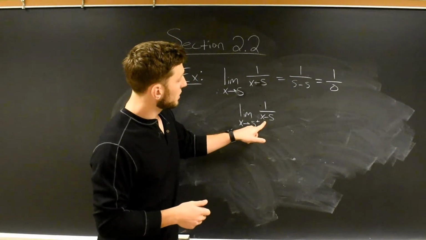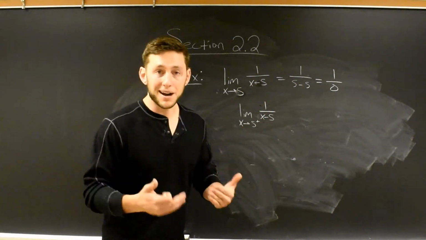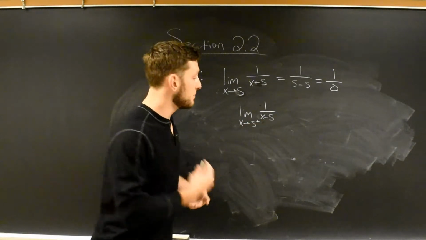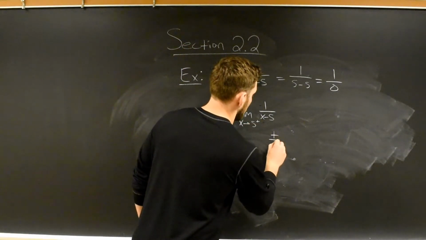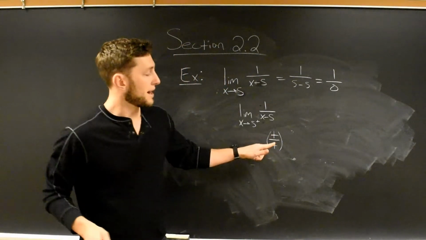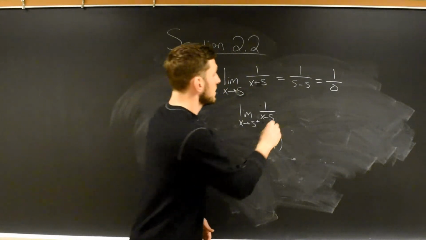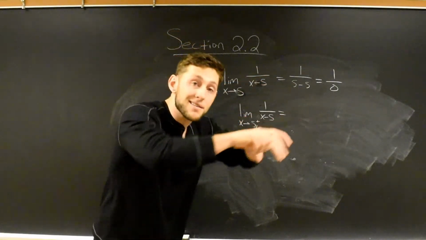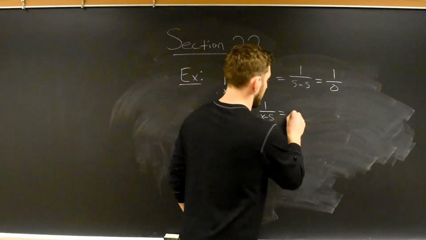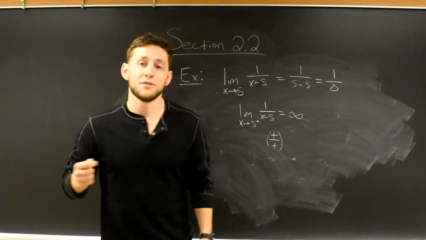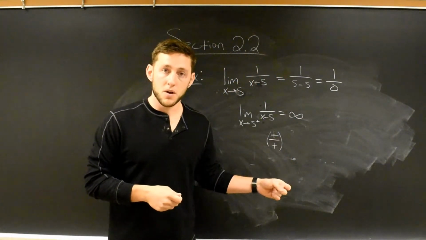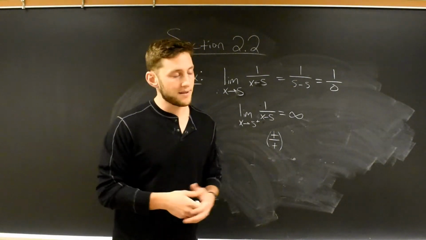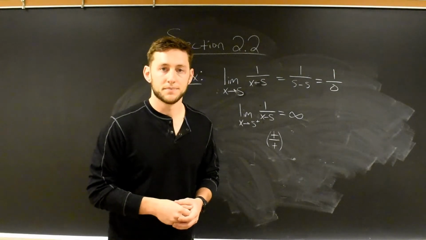I'll have 5.1 minus 5. I get a positive number on bottom. And it turns out, so long as you're greater than 5, you'll always get a positive number on bottom. And since we have a positive number on top as well, we can say, well, positive divided by positive, that tells me I'm going to positive infinity. I'm going to infinity because the bottom is going to 0. I'm going to positive infinity because I have this relationship right here. Positive divided by positive remains positive.